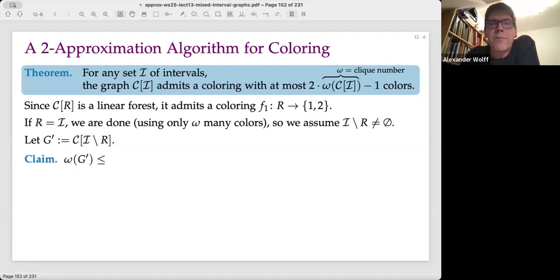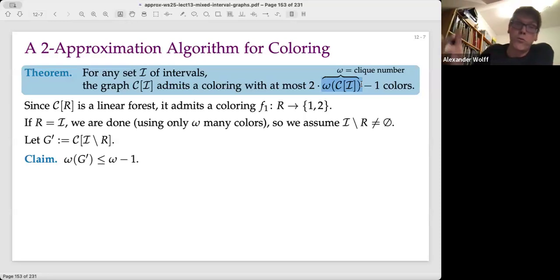Now I claim that the clique number of this induced subgraph is bounded by omega minus 1, where omega is the clique number of the whole graph. So by removing this linear forest, this set R, from my set of intervals, for which I need only 2 colors, I make the clique number of the remaining graph drop by 1.